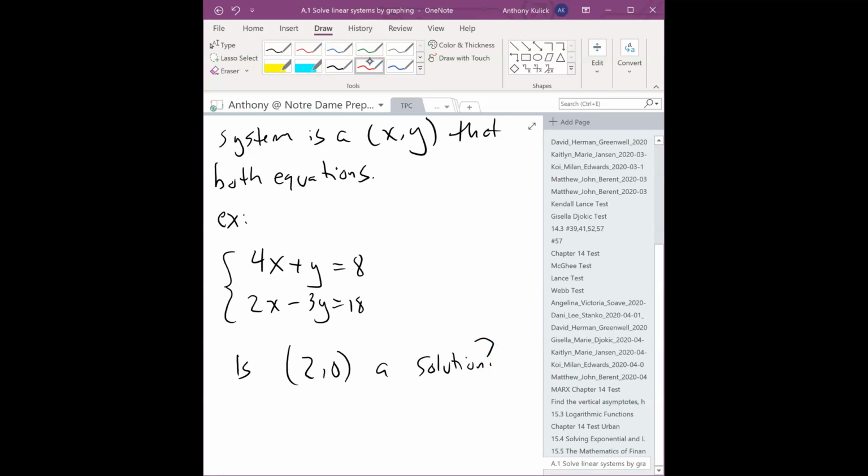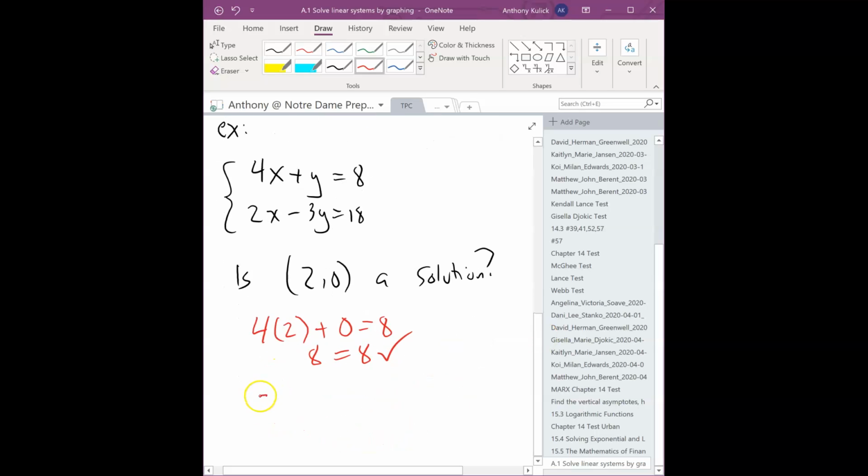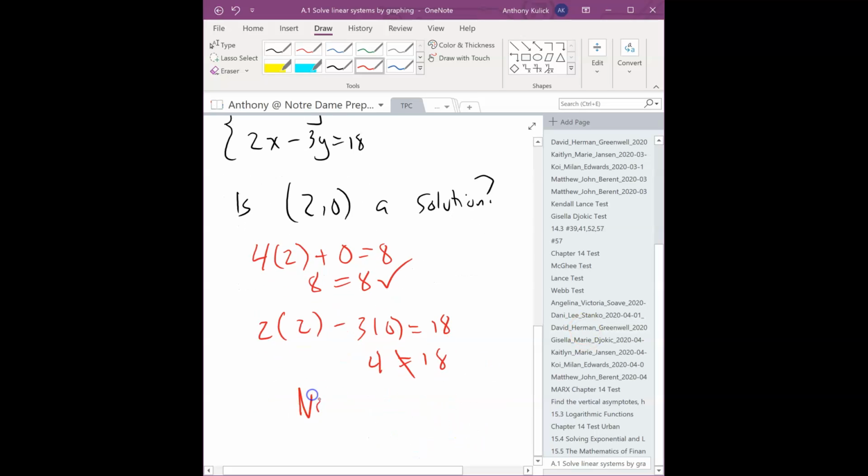Well, to do that, all we're going to do is plug (2, 0) into both equations. When I plug (2, 0) into equation 1, I get that 8 is equal to 8. So that works out. However, if I plug (2, 0) into equation 2, I get 4 equals 18. That's not true. So we'd say no, (2, 0) is not a solution to this system because it doesn't satisfy both equations.